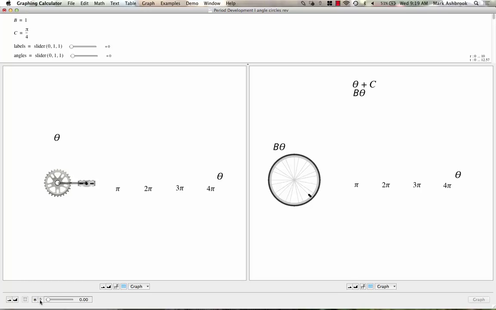Okay, here's the scenario. When the pedal angle is at the 3 o'clock position, the tire valve is in the 4th quadrant, pi over 4 away.